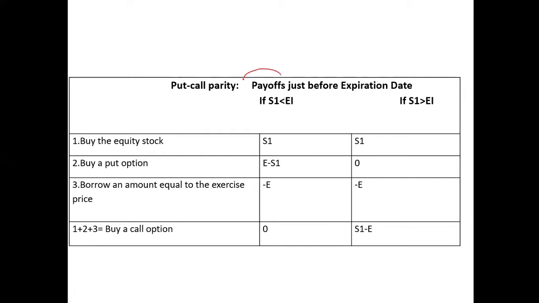Payoff means the return, the monetary payoff. For example, if you buy an equity stock, you will pay an amount S. Say it is 100 rupees, I'm not writing the number. You will pay for one stock. So S1, I am writing it. So it's the payoff if you buy an equity stock at 100 rupees.